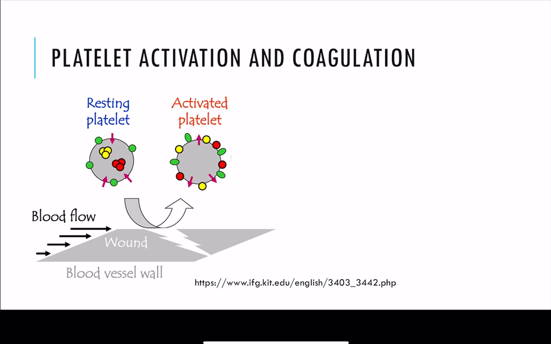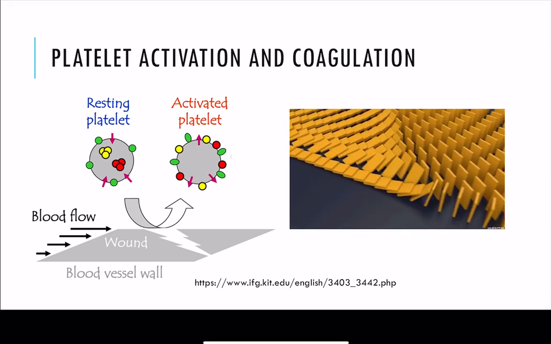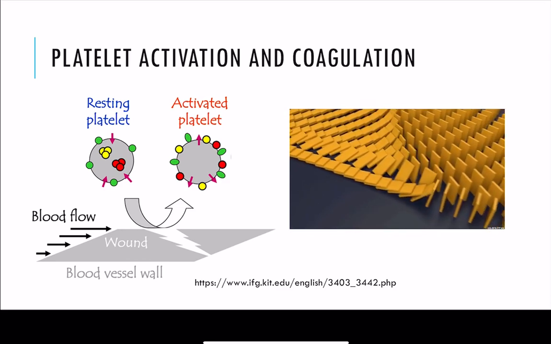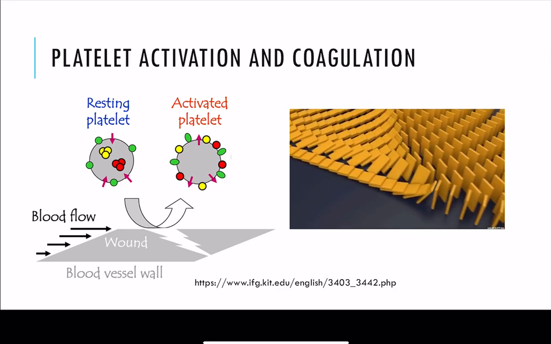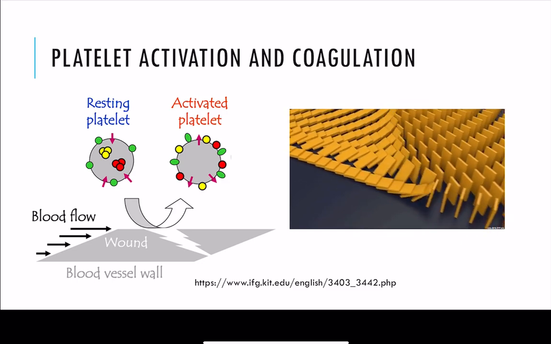This is a cartoon version of that, where you can see the internal elements of the resting platelet are kind of hidden from view, but when exposed to a wound, you get an activated platelet, and there is a domino effect here. It works to the advantage of preventing bleeding if you can have a positive feedback loop where one activated platelet causes more activated platelets.